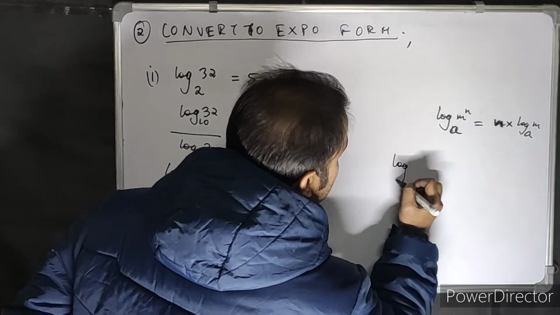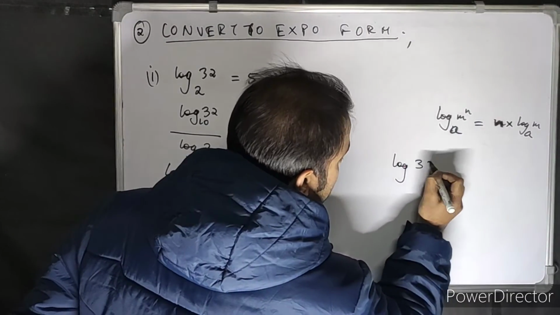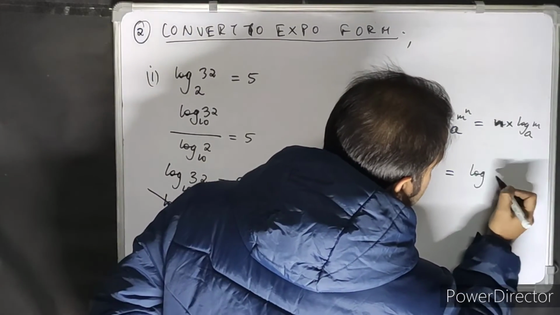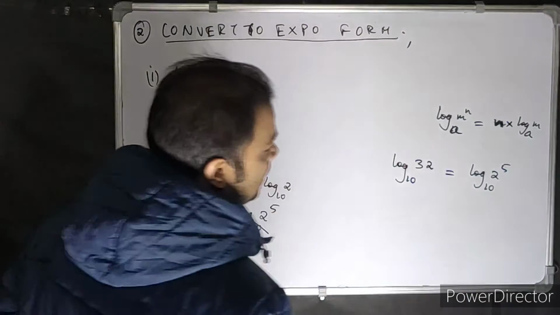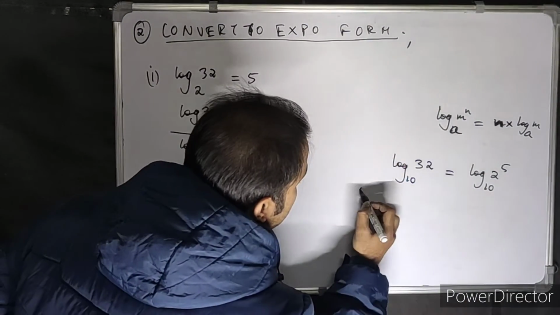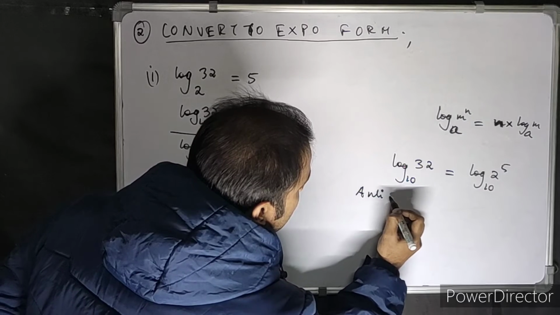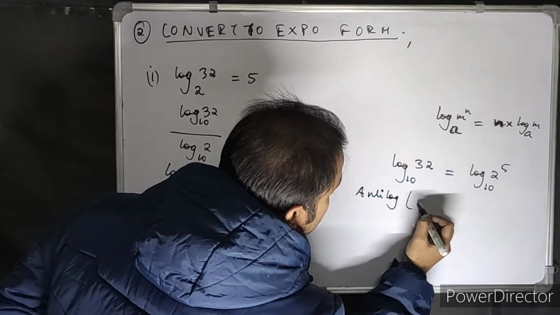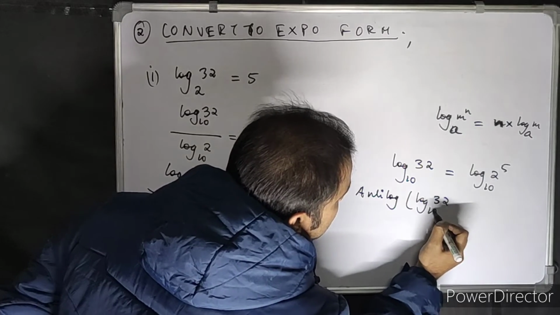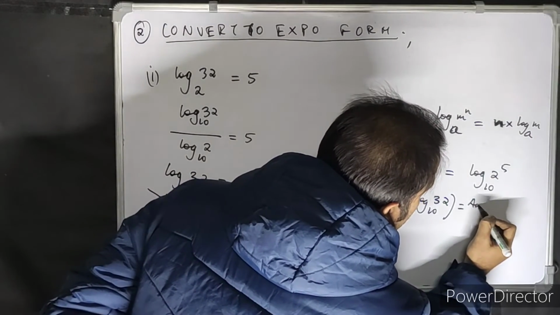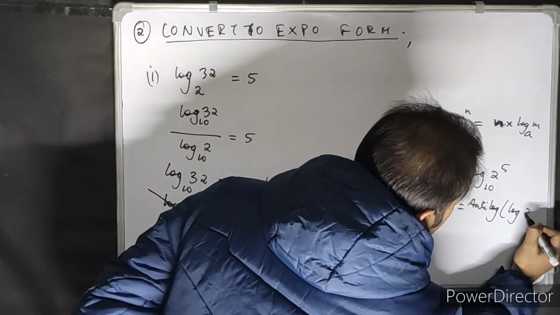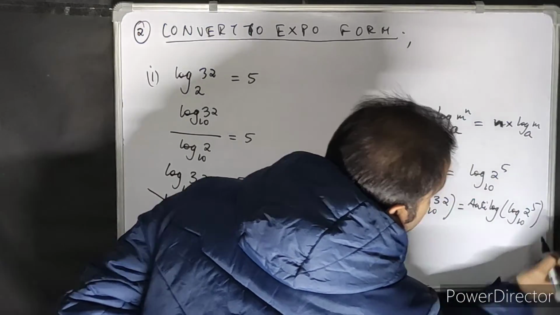So if you have this log 32 base 10 is equal to log 2 to the power 5 base 10, then what happens? Both ways an anti-log is getting multiplied. Anti-log of log 32 base 10 is equal to anti-log of log 2 to the power 5 base 10.